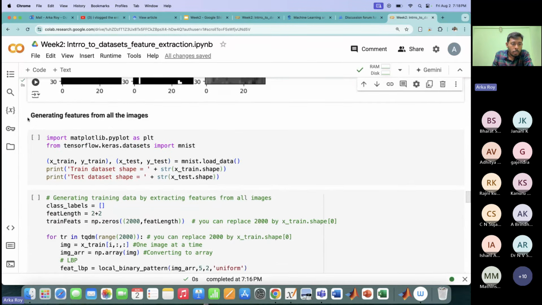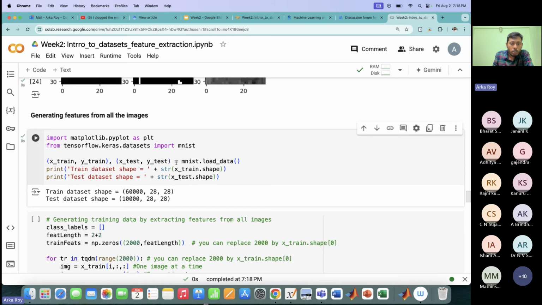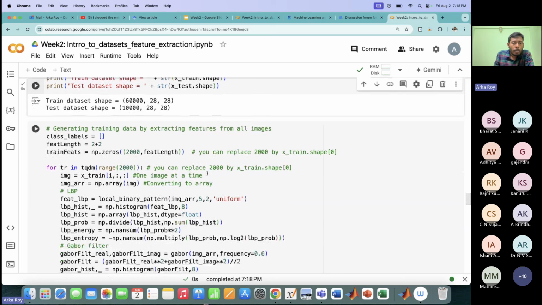This is why I have captioned this part generalizing features for all the images. So again, let us load the MNIST data. We can see that this is for the training part and this is for the testing part.